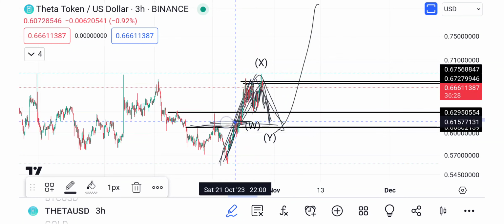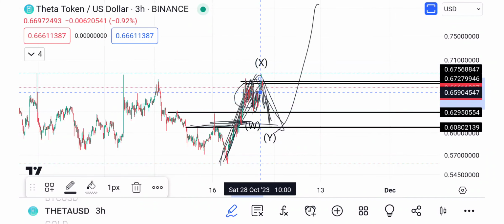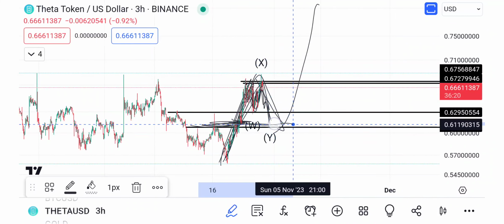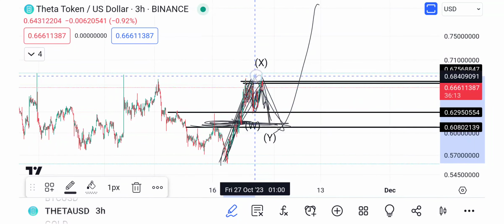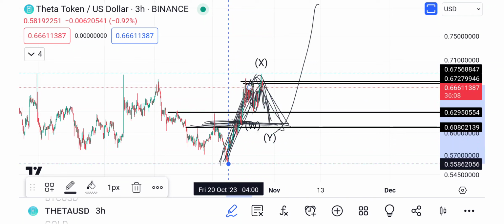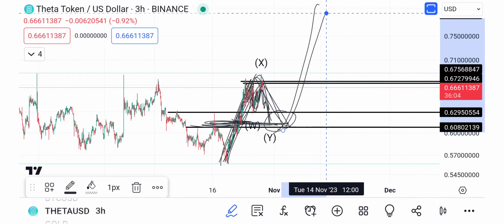If you look at this right here, this is the first half of the wave, and this is the second half of the wave. So this right here is 50% of the wave. If you go up 100%, then you want to retrace 50% of the wave itself, then look for an entry, then continue marching higher.